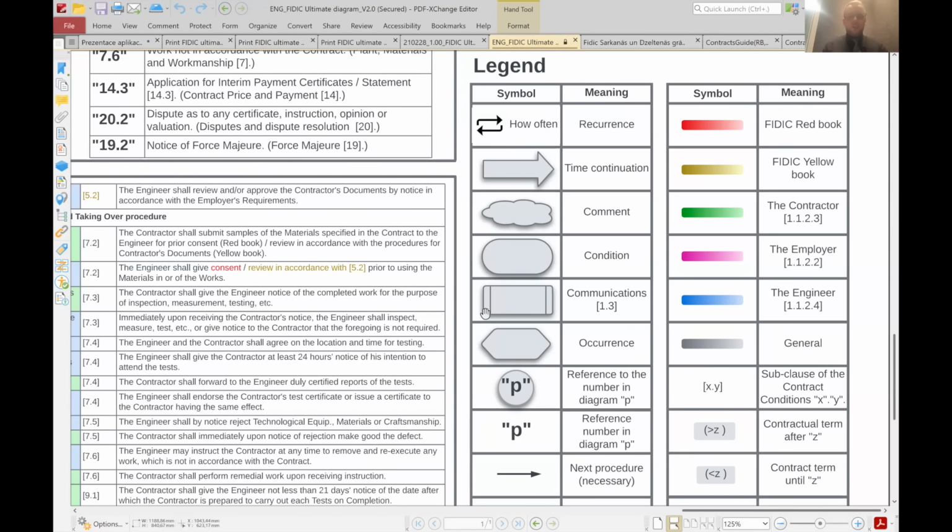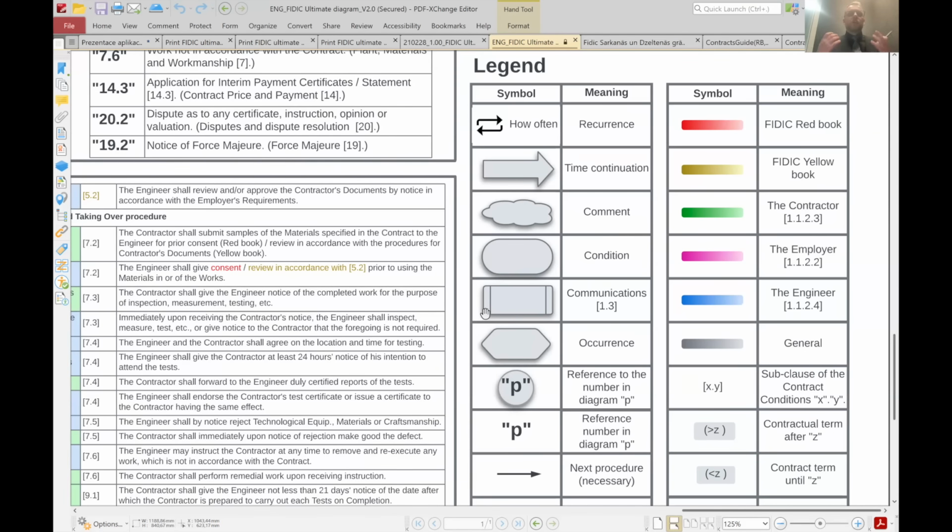Communication is most of the time going through correspondence, through official communication, an official letter. So imagine every time you see this shape, this symbol, it means that someone is officially communicating to the other party.